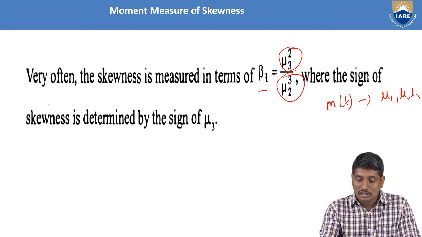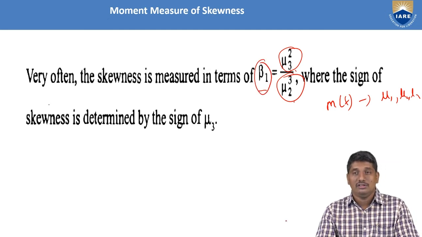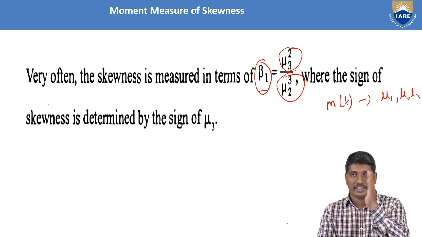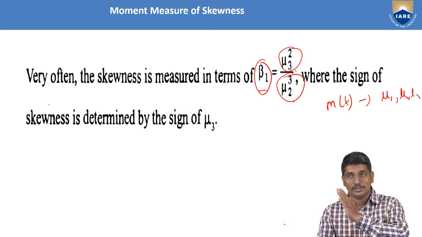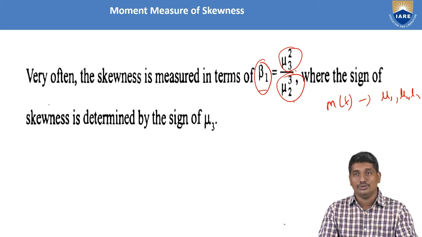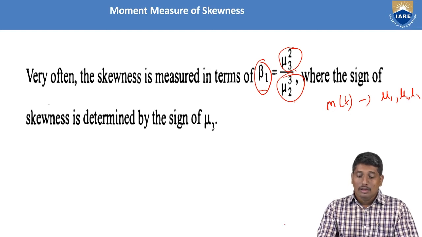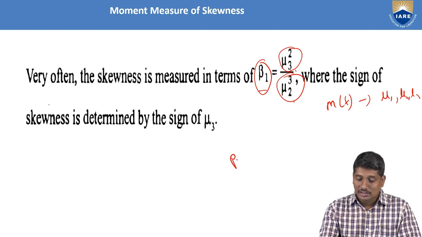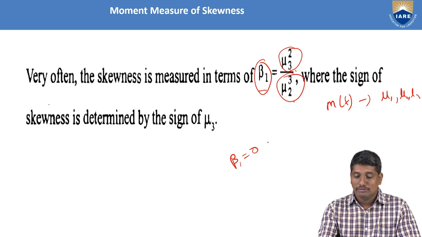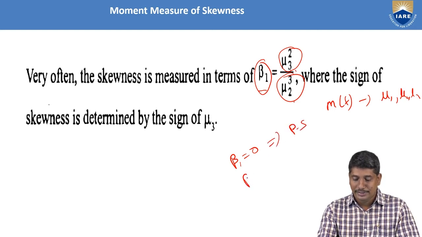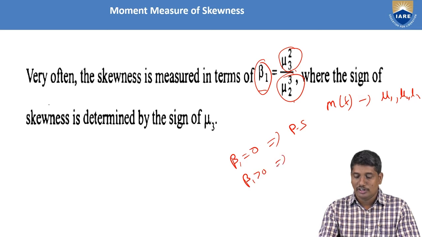And basing on the value of beta 1, we will decide whether it is perfectly symmetric, positively skewed, or negatively skewed. If beta 1 is equal to 0, then we call the distribution perfectly symmetric. If beta 1 is greater than 0, we call it positively skewed.